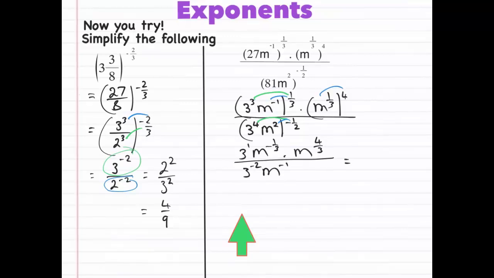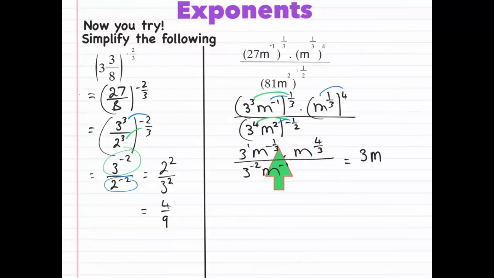Equals, I can still simplify here at the top because we want to simplify the numerator as far as possible, and this is multiplication. So 3 times a 1, which is the coefficient in front of that m, is a 3. And then we want to multiply the m with the m. So basically I write the m, and then it is minus a third plus 4 over 3.